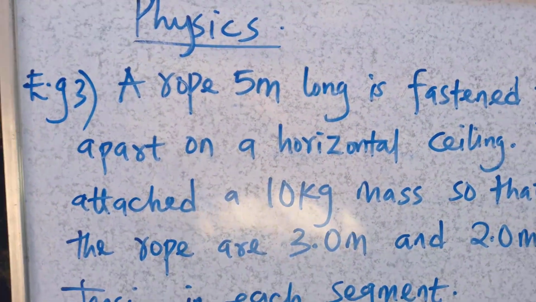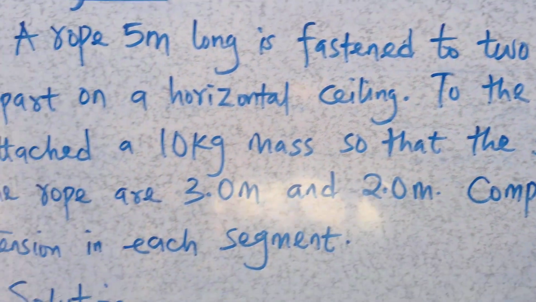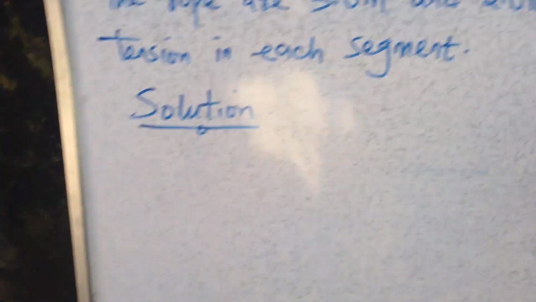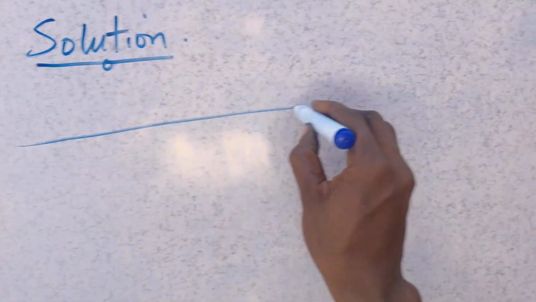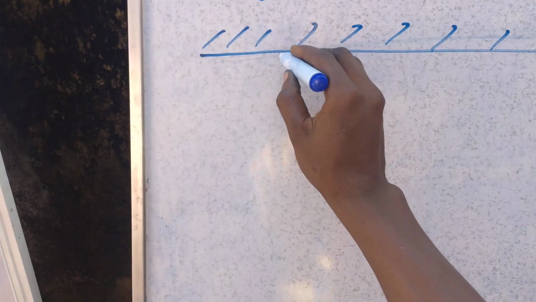It says a rope 5 meter long is fastened to 2 hooks 4 meter apart on a horizontal ceiling. So we'll first draw the horizontal ceiling, and I'm having something like this. This is the horizontal ceiling, and then they say there are 2 hooks.